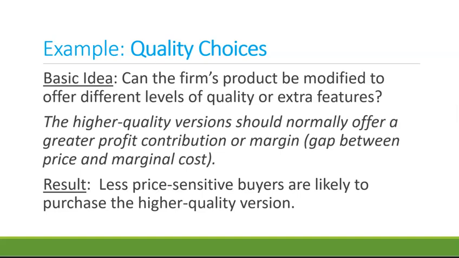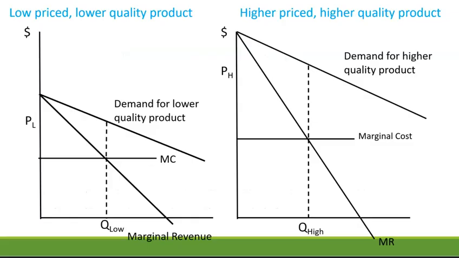Well, I'll start by considering just the basic theory here, and then I'll give you a few examples. So suppose we can illustrate the demand for our higher quality product and our lower quality product like this.